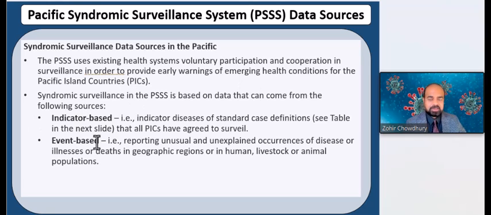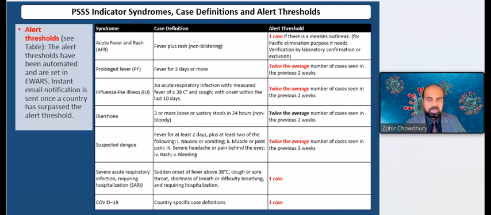And event-based sources involve reporting unusual and unexplained occurrences of illness or death in geographic regions or in human, animal, and livestock populations. So this is more syndromic surveillance based, and this is more like traditional surveillance based. And the combination gives you a good understanding of what's going on.